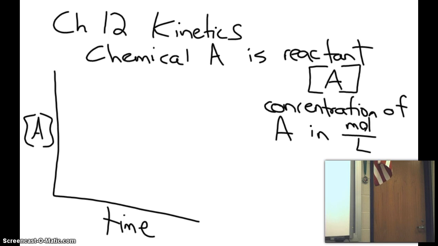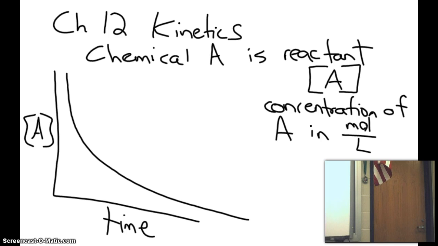What do you think the graph looks like as time goes by, for the amount of A that's still in there, if A is a reacting chemical? Goes down. As a matter of fact, it looks like this. That would be what a lot of mathematical people refer to as an exponential decay.